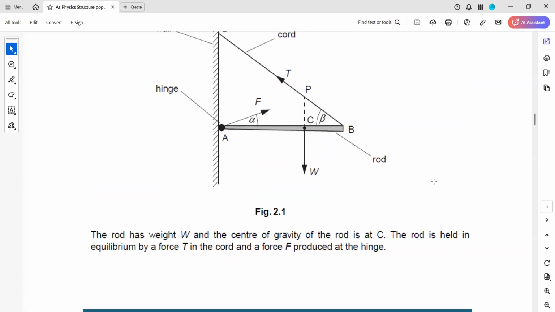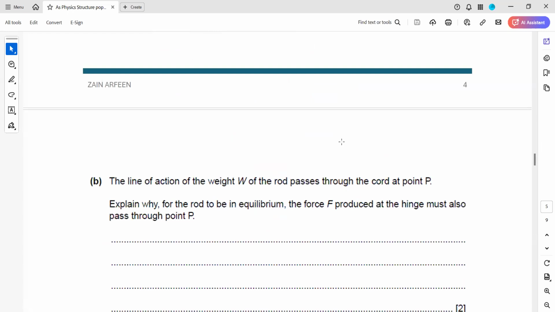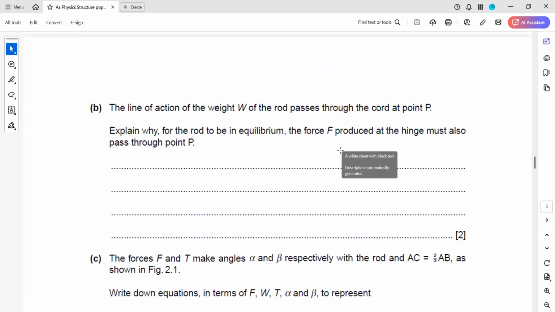The rod has a weight W at the center of gravity of the rod at C. The rod is held in equilibrium by a force T of the cord and the force F produced by the hinge. Part B: the line of action of the weight of the rod passes through the cord at point P. Explain why, for the rod to be in equilibrium, force F produced at the hinge must also pass through point P.